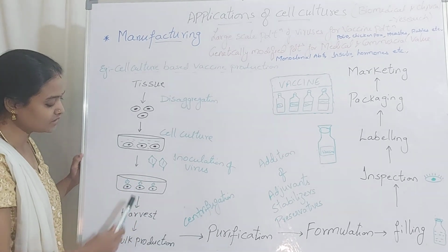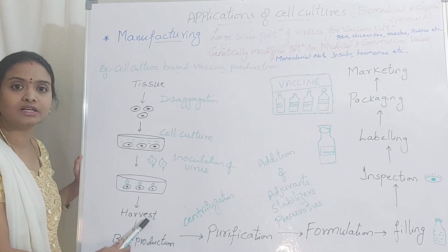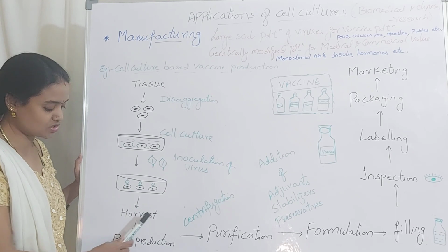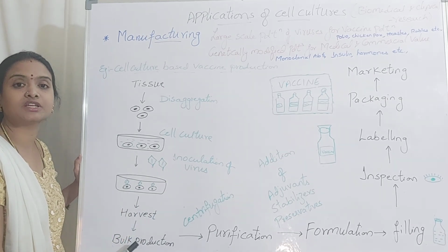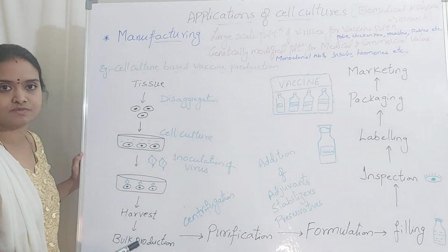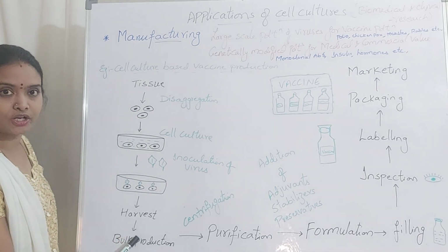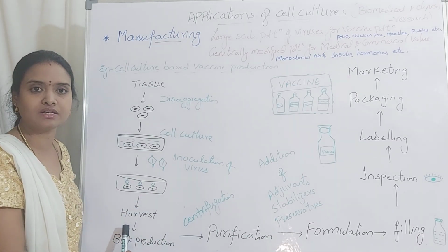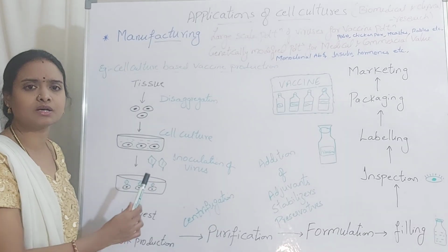Then comes the harvesting of all the viruses produced. Once you harvest them, you send them for bulk production in order to increase the number of organisms. Then after bulk production, you have to centrifuge to remove the cellular components and the debris of other cells.